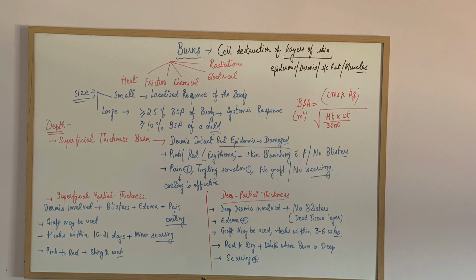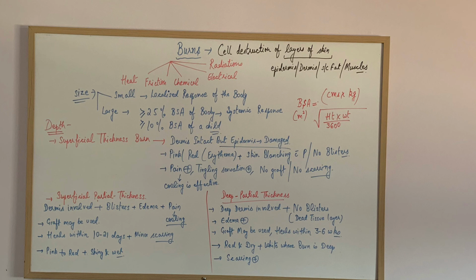It can be due to electricity, or there can be chemical causes, exposure to smoke or any chemical element, and some radiations like the sun rays, x-rays, or gamma rays. So these are the basic external sources which can cause burns.